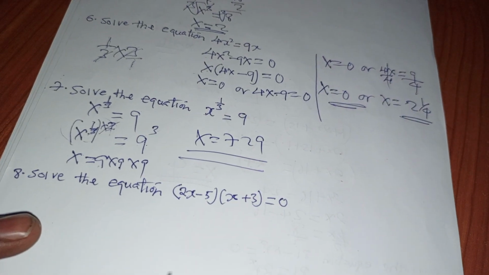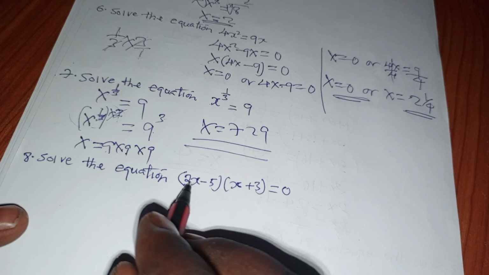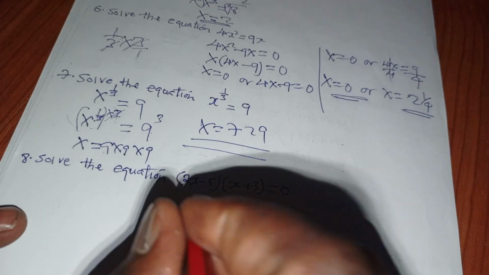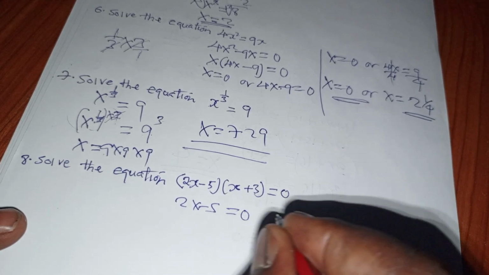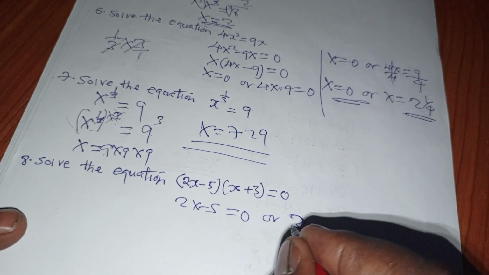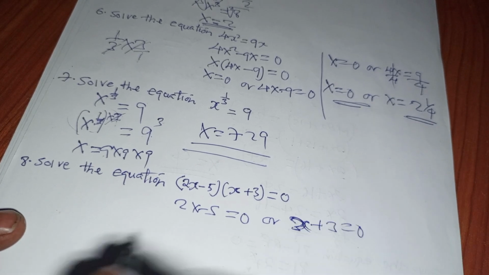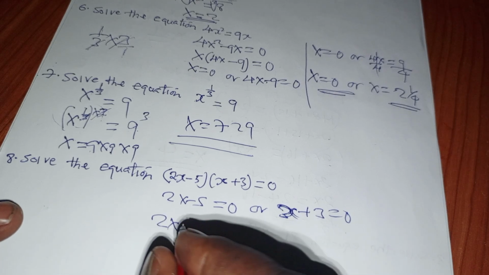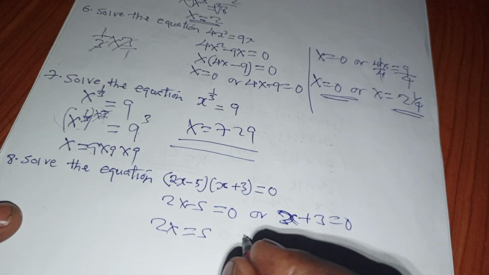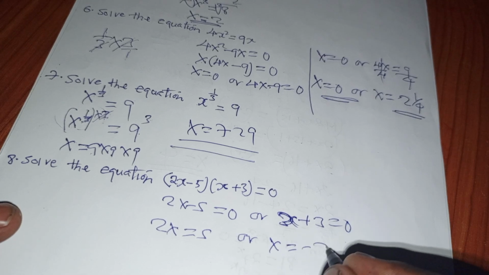So this one, don't need to worry. Don't try to expand. You just get this part, which is 2x minus 5, and you say it is equal to 0, or x plus 3 is equal to 0 as well. So 2x is equal to 5, or x is equal to negative 3.